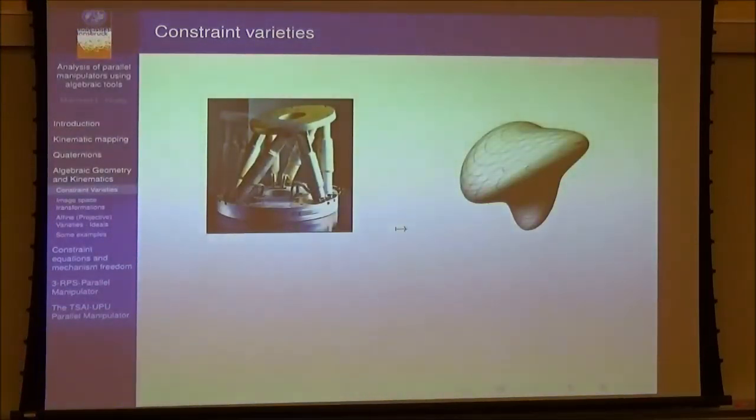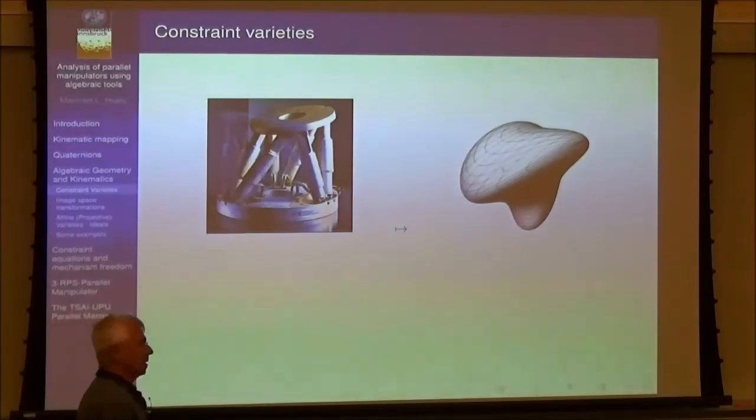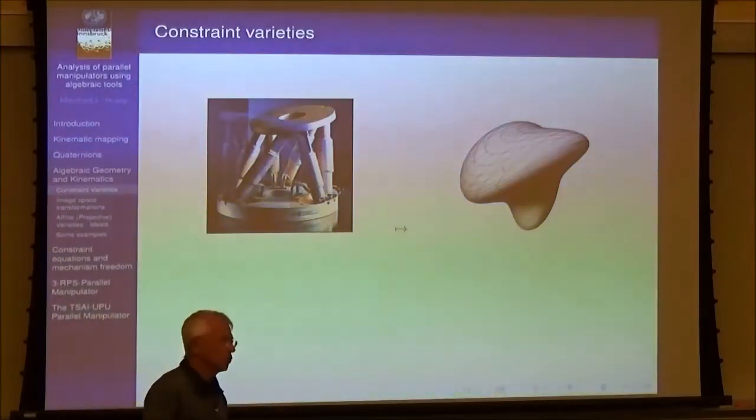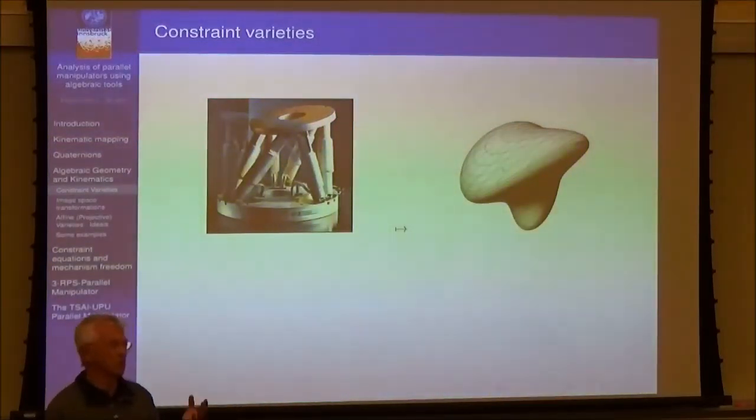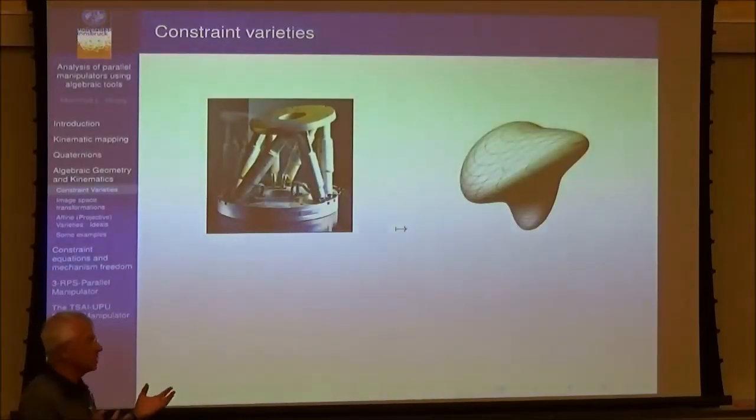And one could have the following idea. One could look at what is the geometry behind these manipulators. Think of the following thing. When you have 6 legs, this manipulator should be fully constrained. Why? The motion group, the displacement group, is 6-dimensional, it has 6 parameters.